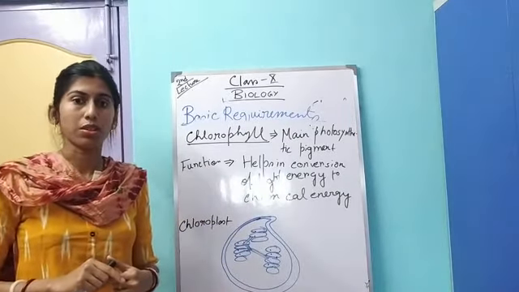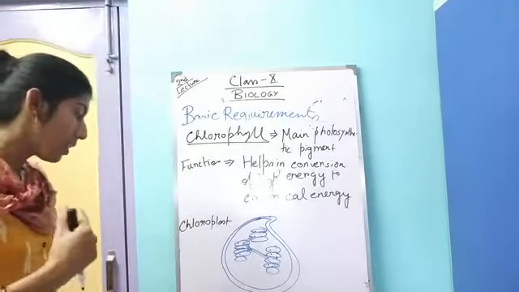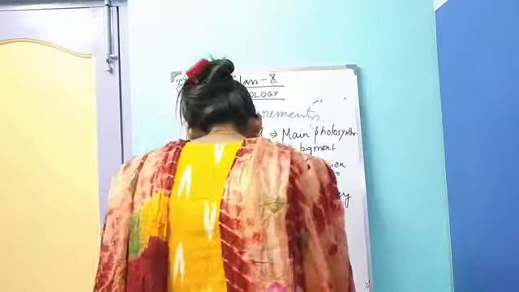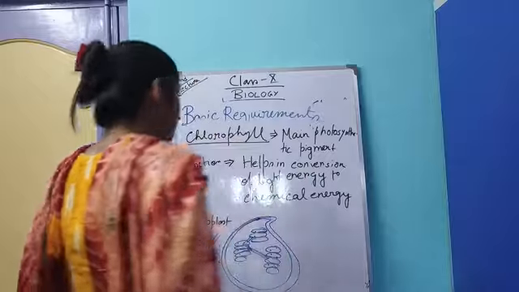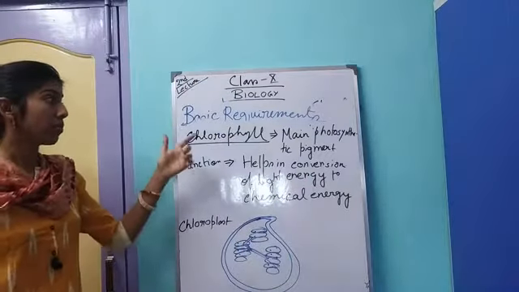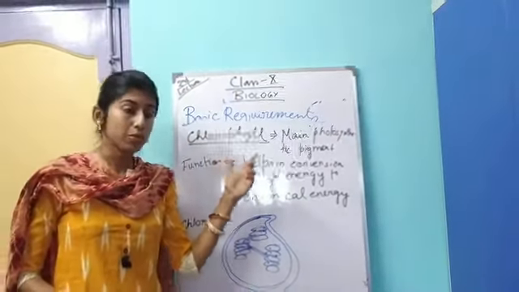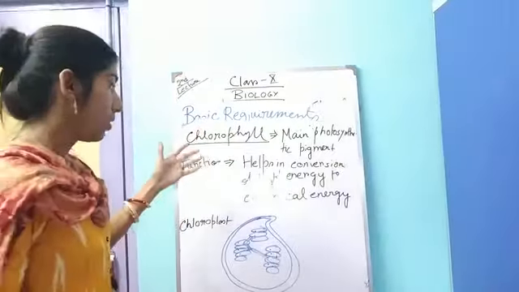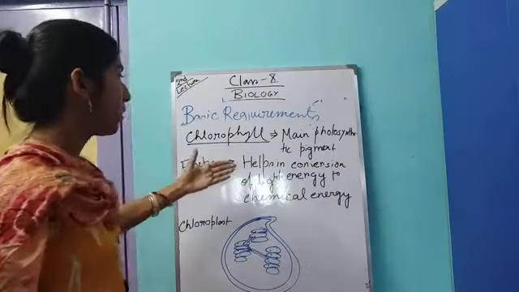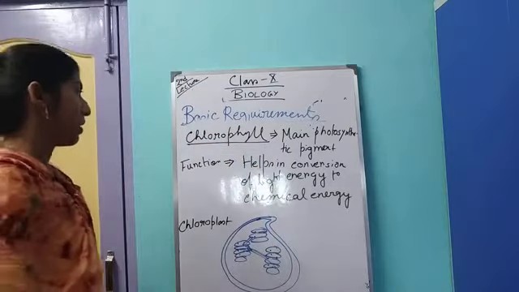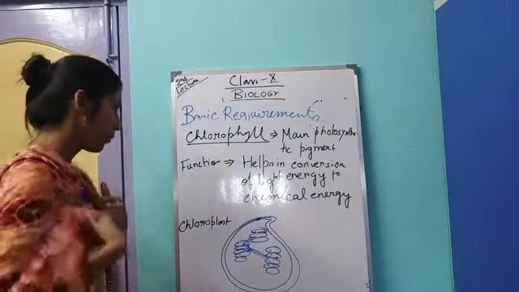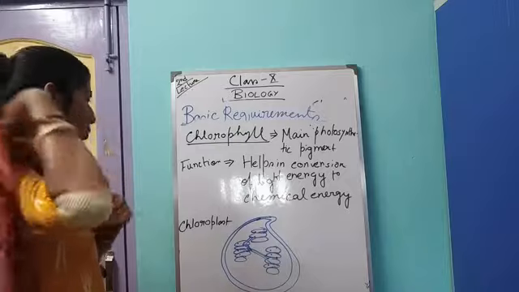Why are they doing so? Because they help transfer the energy to chlorophyll. So they absorb the different wavelengths and help in the transfer of energy to chlorophyll. Okay, so where do we find chlorophyll?